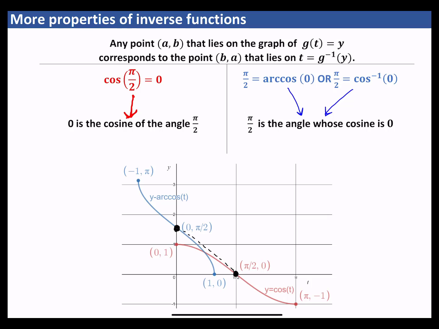Later, we will practice evaluating the arccosine function, always keeping in mind that the arccosine function is defined in relation to the restricted domain 0 to pi of the cosine function.